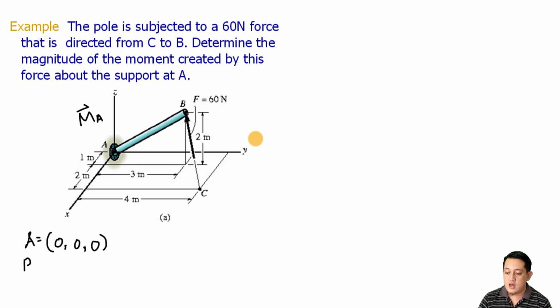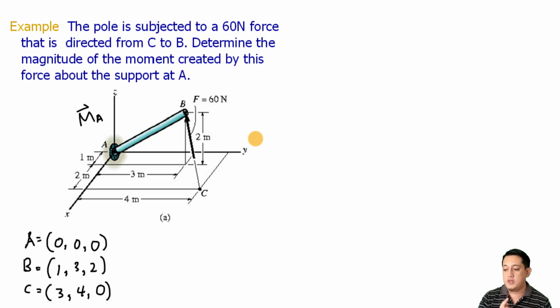Then point B, where the x direction is 1 meter, so 1, the y direction is 3, and the z direction is 2. The coordinate for C: the x direction is 1 plus 2, so 3, the y direction is 4, and there is no z direction. So these are the coordinates for A, B, and C.